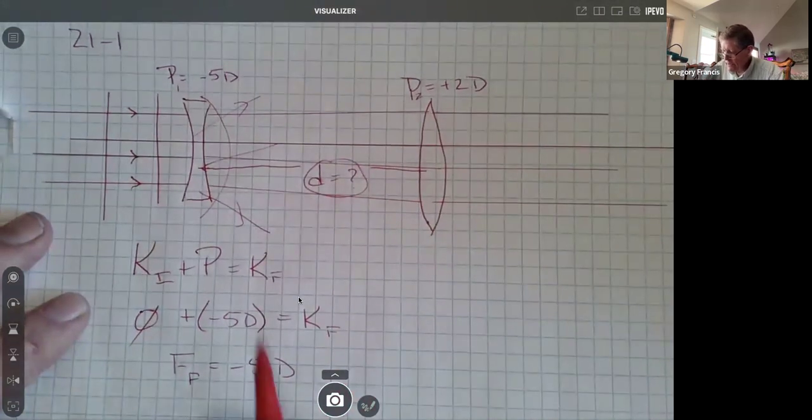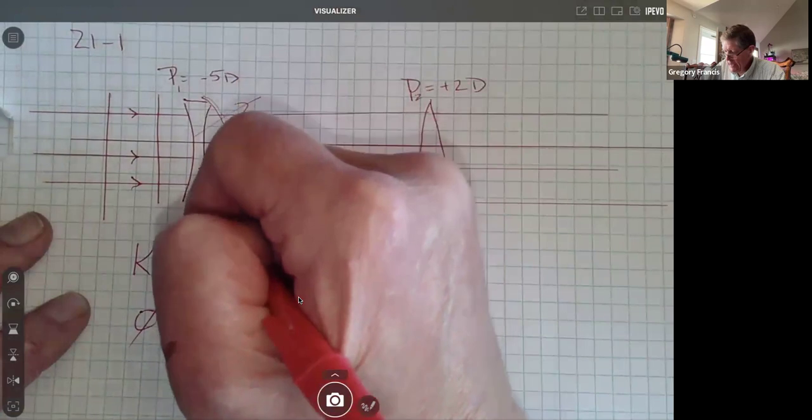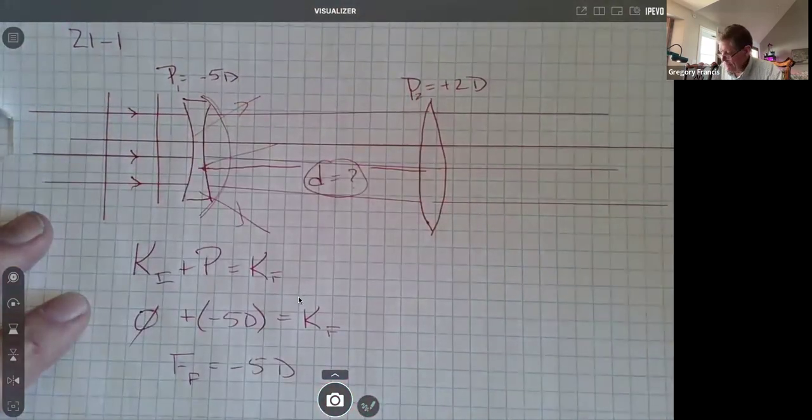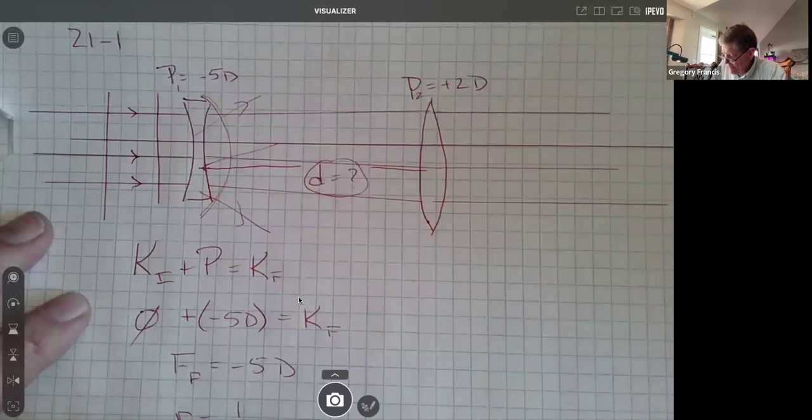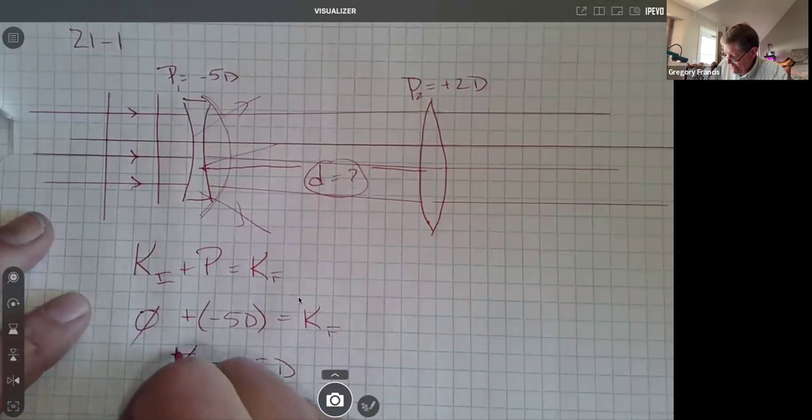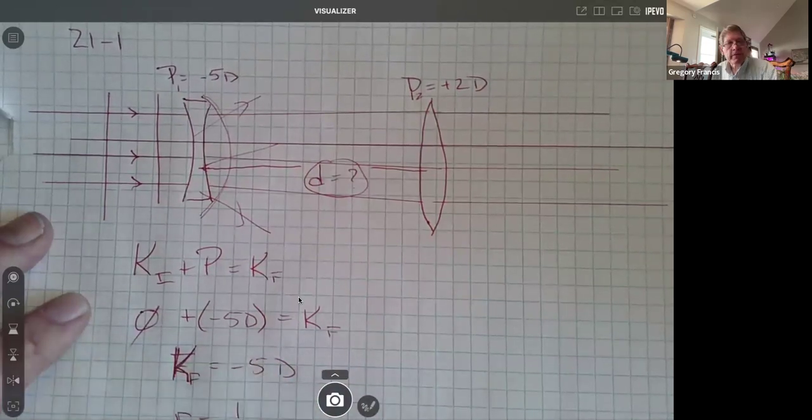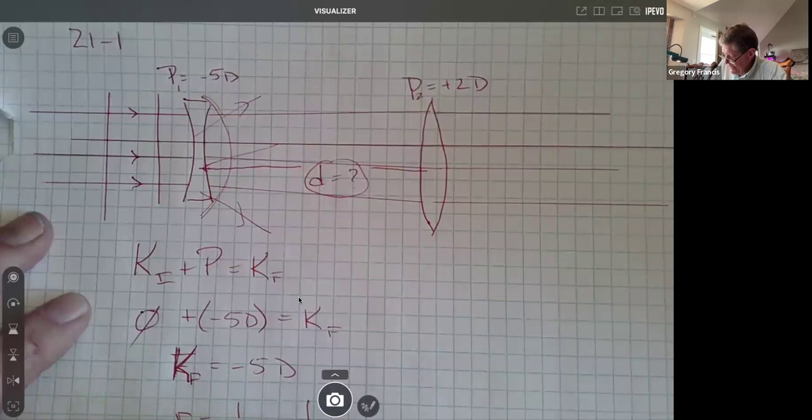And where does that curvature appear to be centered? Well, the radius is going to be 1 over the K final curvature. That's going to be 1 over -5. That's going to be -0.2, and that's meters. And that's going to be -20 centimeters.